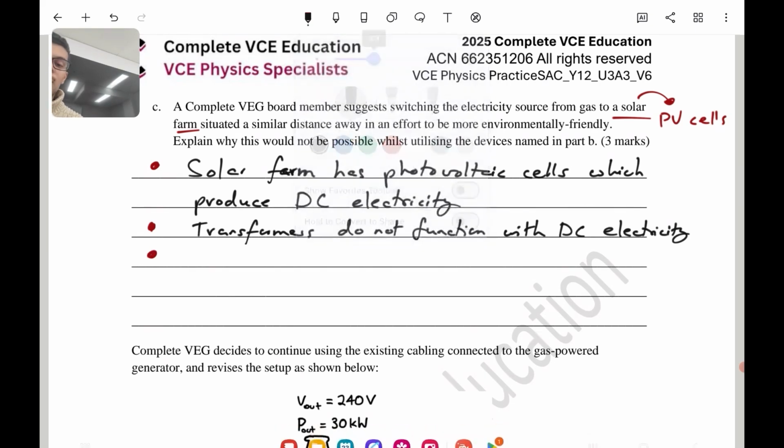Okay, third dot point. So here we have to go through why AC is much more useful for transformers compared to DC.